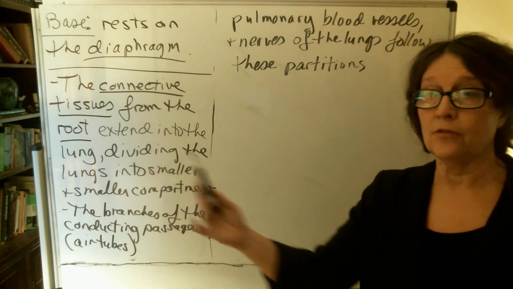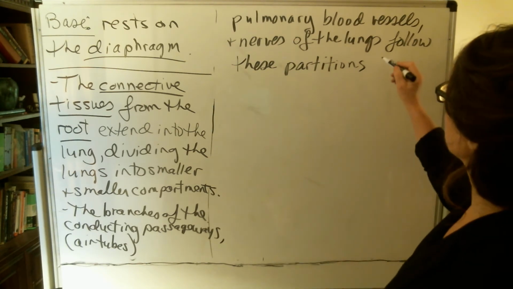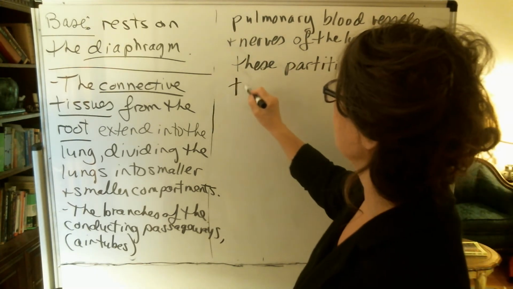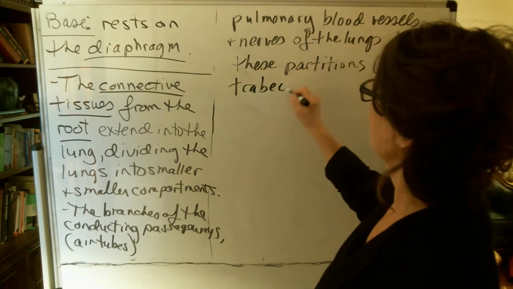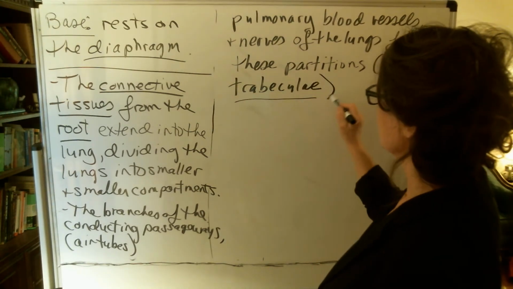So everything is following along these connective tissue partitions that are called trabeculae. That's an E. There we go.